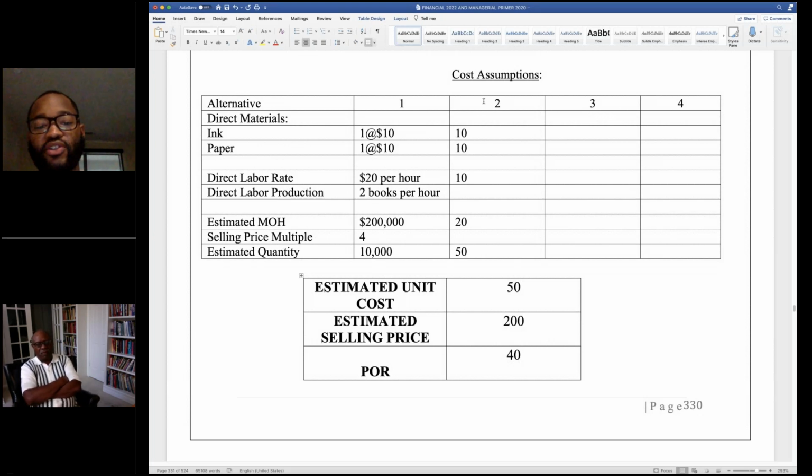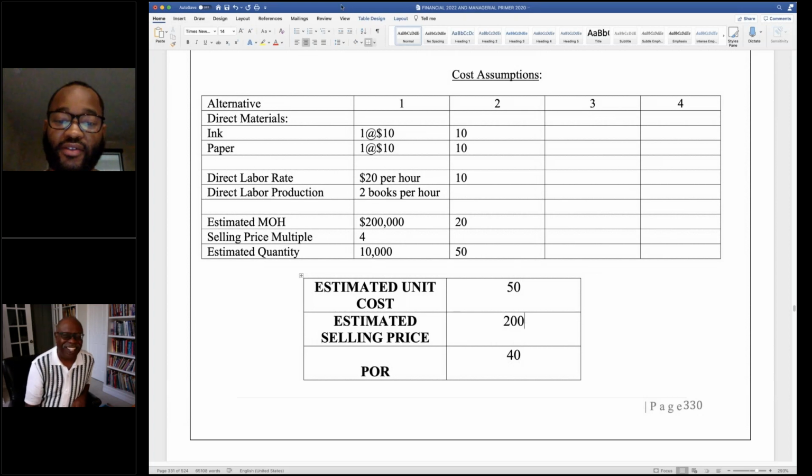Then you divided 200,000, the estimated manufacturing overhead, by the estimated quantity, which is 10,000, and you got that 20. Then you added all of that up to get 50, and the selling price is 4 times that 50 to get your estimated selling price, right? I missed a few days, so I'm trying to catch up fast.